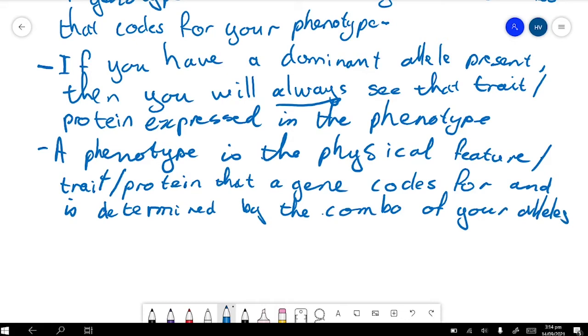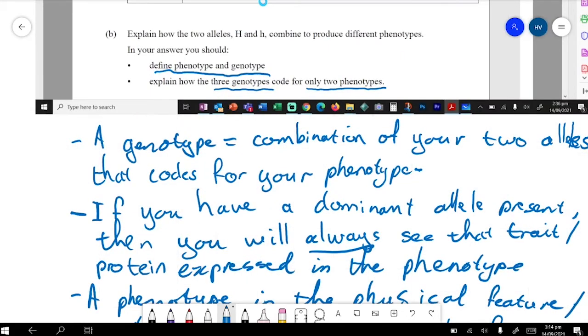Okay, so we defined what a phenotype and a genotype is, so that's done. Explain how the three genotypes code for only two phenotypes.